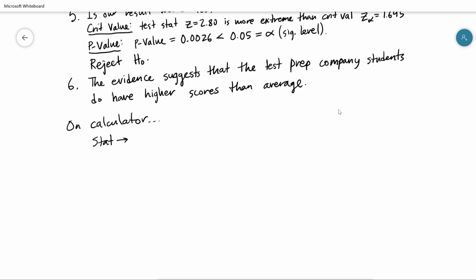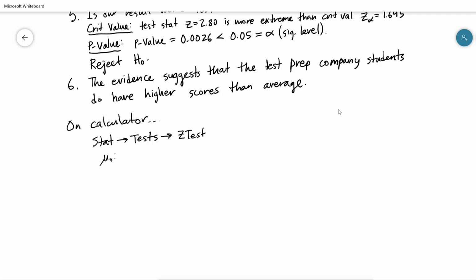So we're going to hit the stat button, go over to the list of tests, and the test that we're going to look for, in this case, because we're using a z-score, and because we're doing a hypothesis test, is z-test. So select z-test. It should be the first option on your calculator. And we'll use the stats button, right? So as before, it'll ask whether we want to use data or stats. I'm going to use stats.